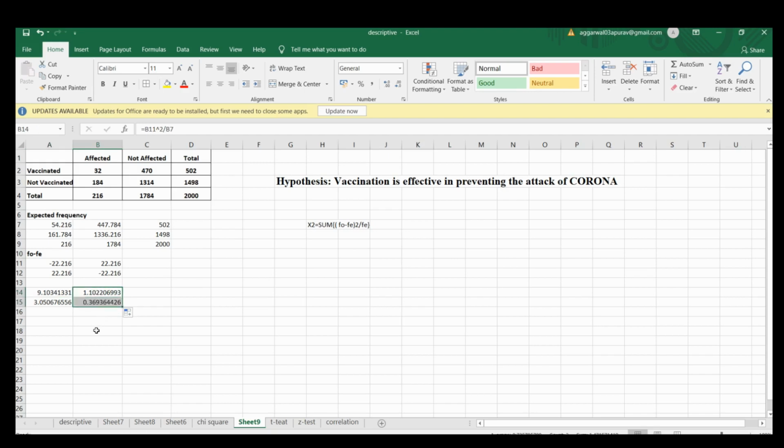This is, as per formula, the calculated value of chi-square.